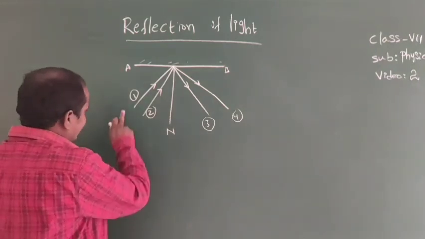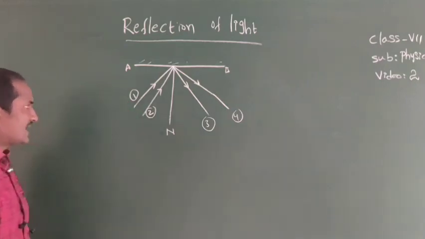From the diagram, rays 1 and 2 are the incident rays.